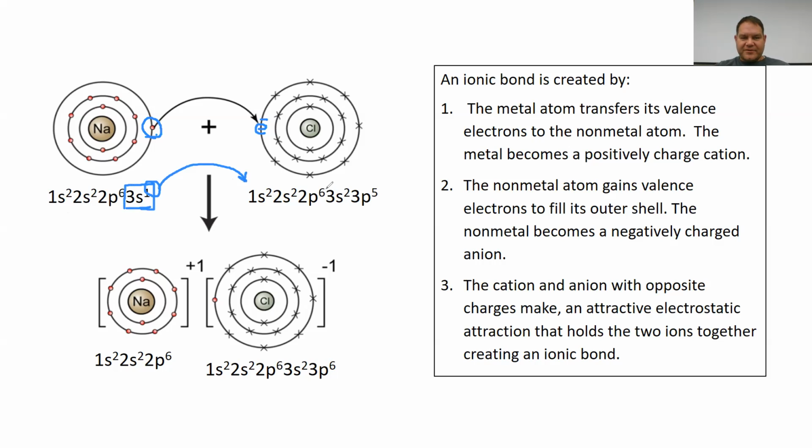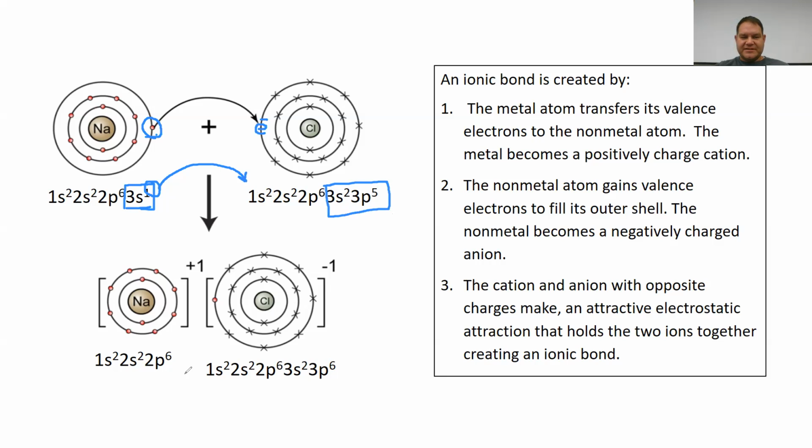Well, for chlorine, this is its valence shell, the 3rd shell, right? And it has 2 electrons in the 3s, and 5 electrons in the 3p. It only needs 1 more electron, and it becomes like a noble gas, all right? So chlorine is easily going to accept one electron to fill its valence shell.